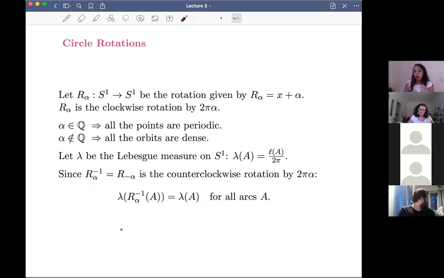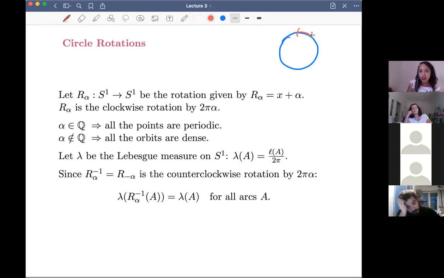But anyway, what does a rotation do to the length of an arc? You have an arc, you rotate it. The length of this arc is going to be the same. You don't change the length of an arc by rotating a circle. Take the circle, choose an arc on it, and rotate it by some angle. It's going to appear here.